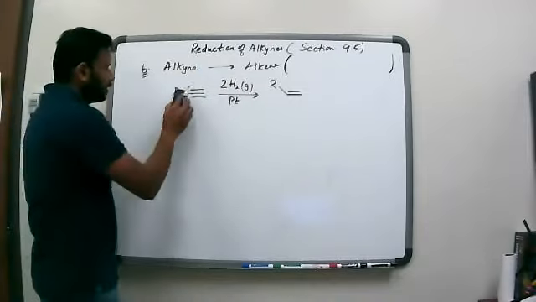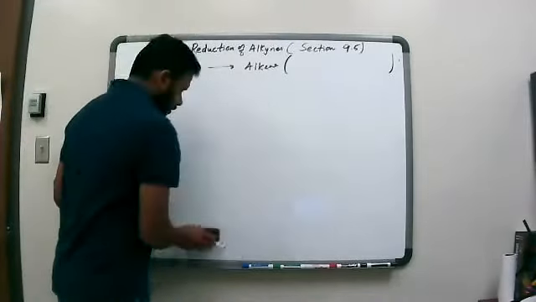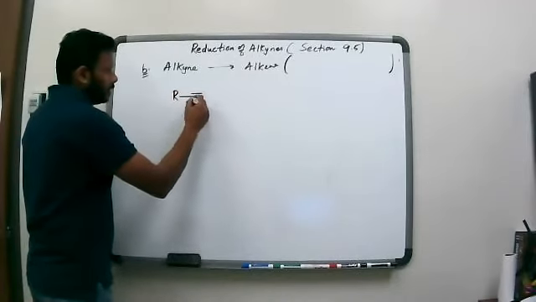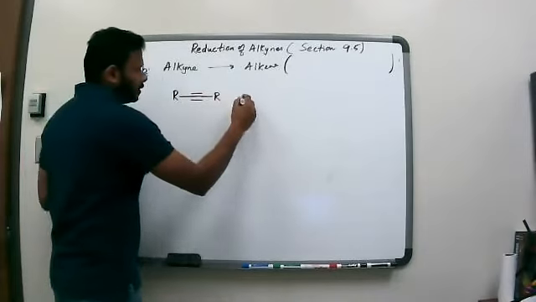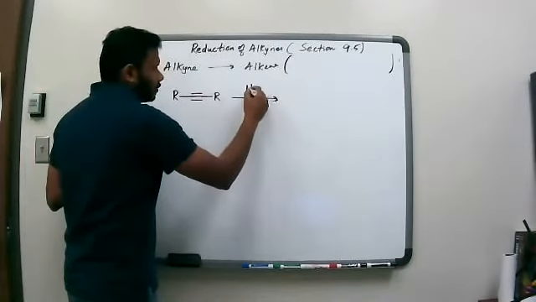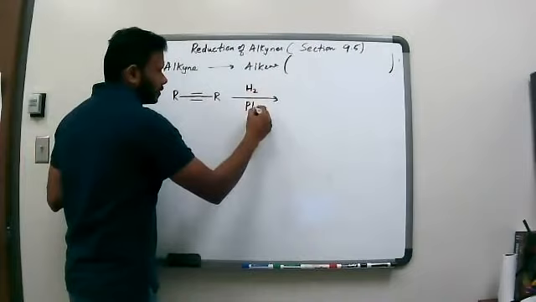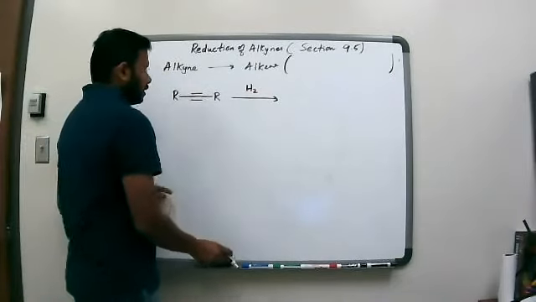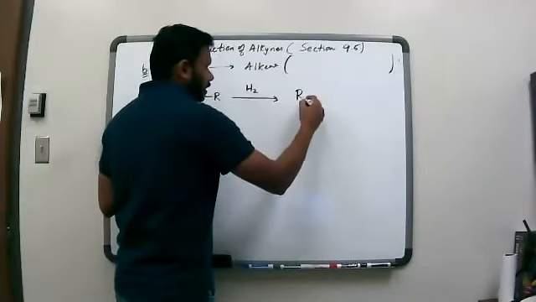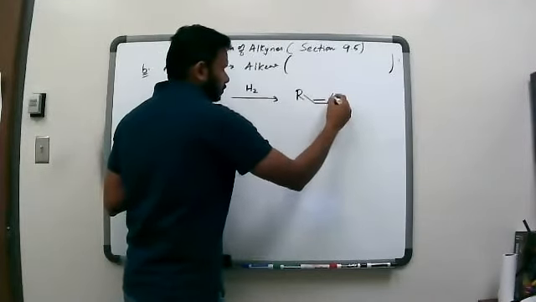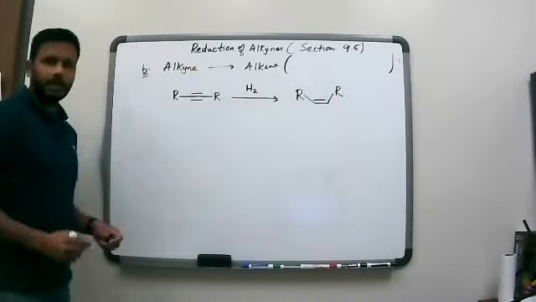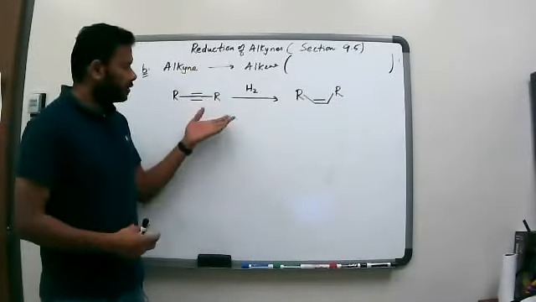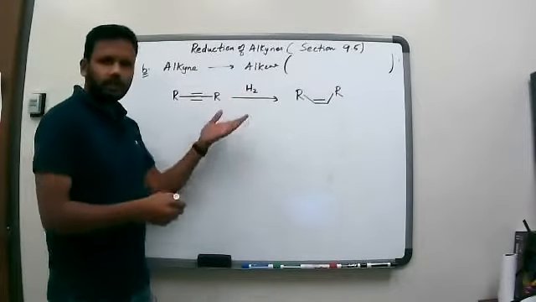In fact, I'm going to change my alkyne a little bit here. Let's use a different alkyne. Let's use an internal alkyne. So let's say that's the alkyne. What we want to do is we want to do a hydrogenation, and we want to stop at an alkene, let's say. We're going to stop at an alkene. And since this is a syn addition, that means the hydrogen adds from the same face.